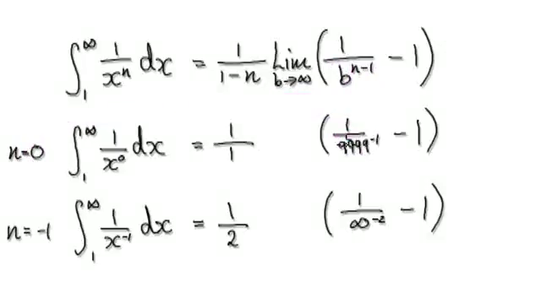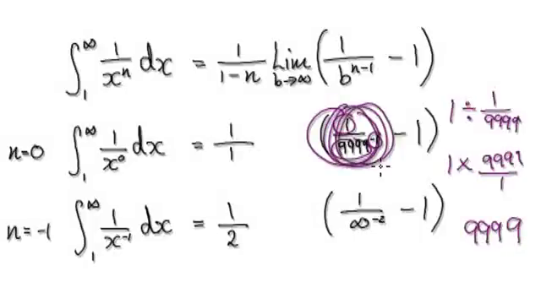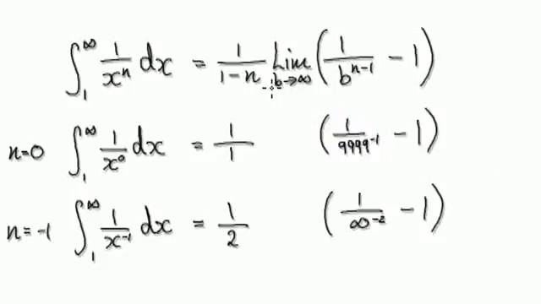And then something to the power of minus 1, well, this thing here is really 1 divided by 1 over 99999, which is the same as 1 times 99999 over 1, which is 99999. Basically, you can imagine this as a very, very big number.